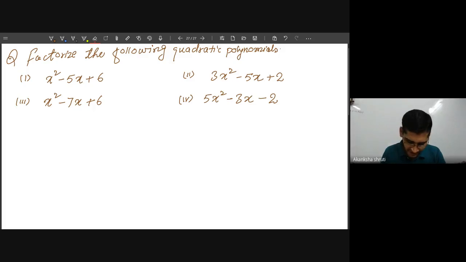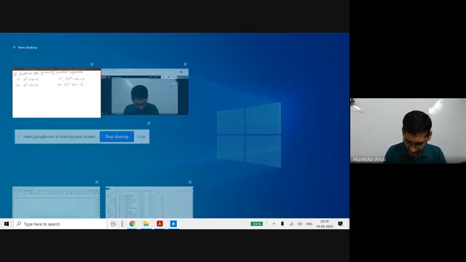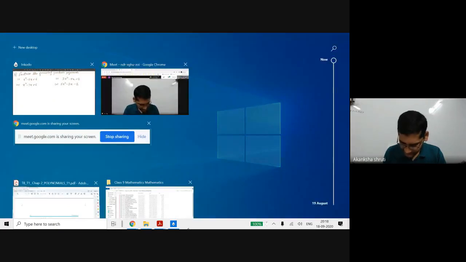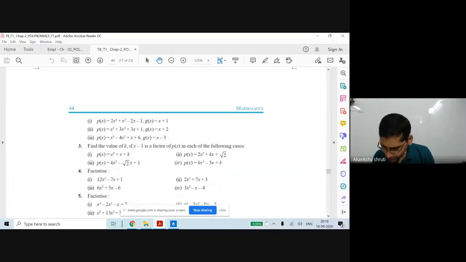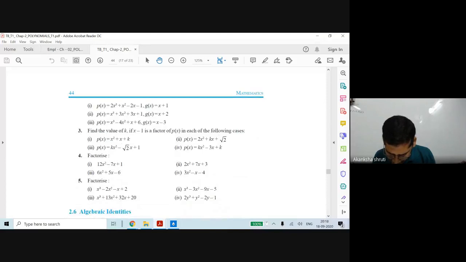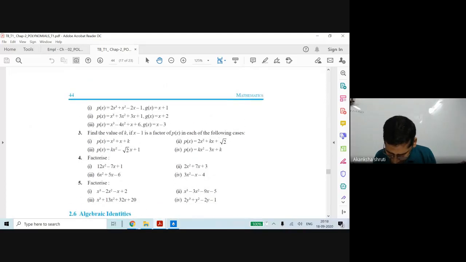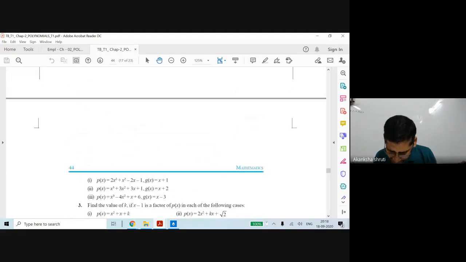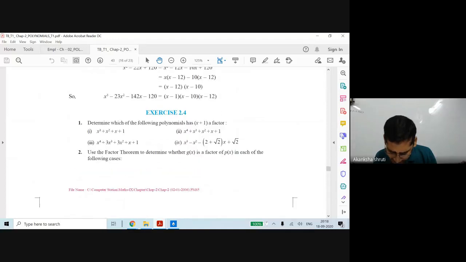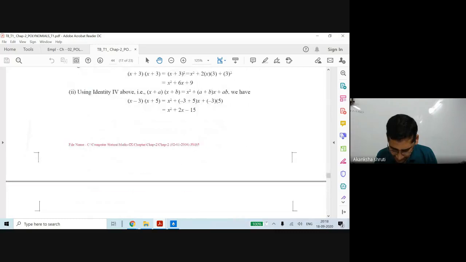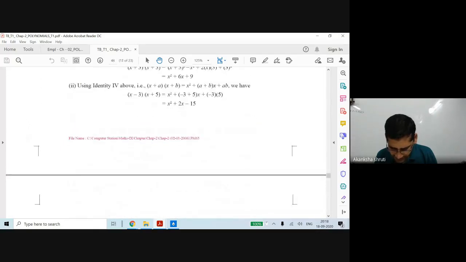The other we may take. Let me take a few examples from your book. आप देखिए आपके बुक में भी ऐसे बहुत सारे हैं. So we have to go for factorization of this thing, by splitting the middle term we can do. These are the identities.